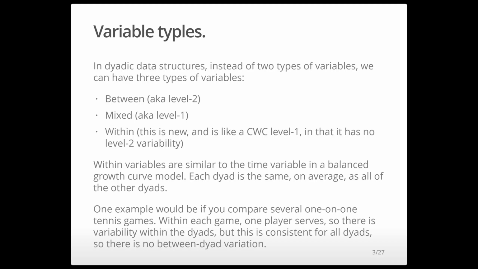Another example in dyadic data might be if you are looking at pairs of tennis players. In each one-on-one tennis game, one player serves, so there's variability within the dyads because one player serves and one player does not. But this is consistent for all dyads, so there is no between-dyad variation. Each dyad has one server and one receiver.